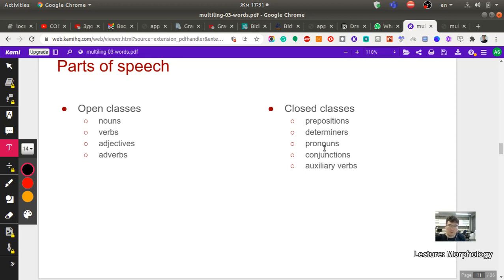So we only know a fixed set of pronouns, like I, me, you, he, she, it. For example, in English there are also they, we, and you. But in different languages, we have different types of pronouns, conjunctions, and so on, auxiliary verbs, etc. So these are parts of speech. Also, this is important.